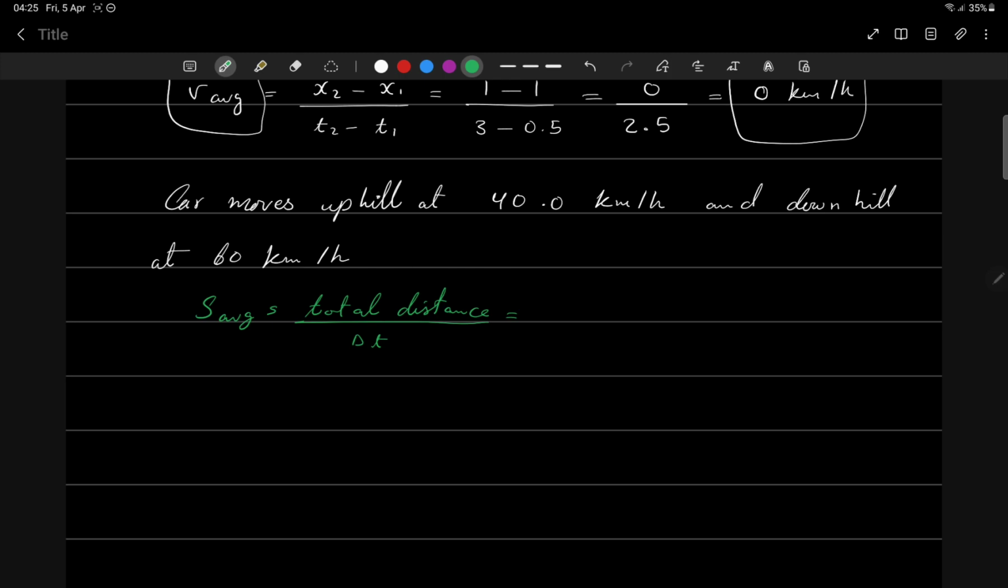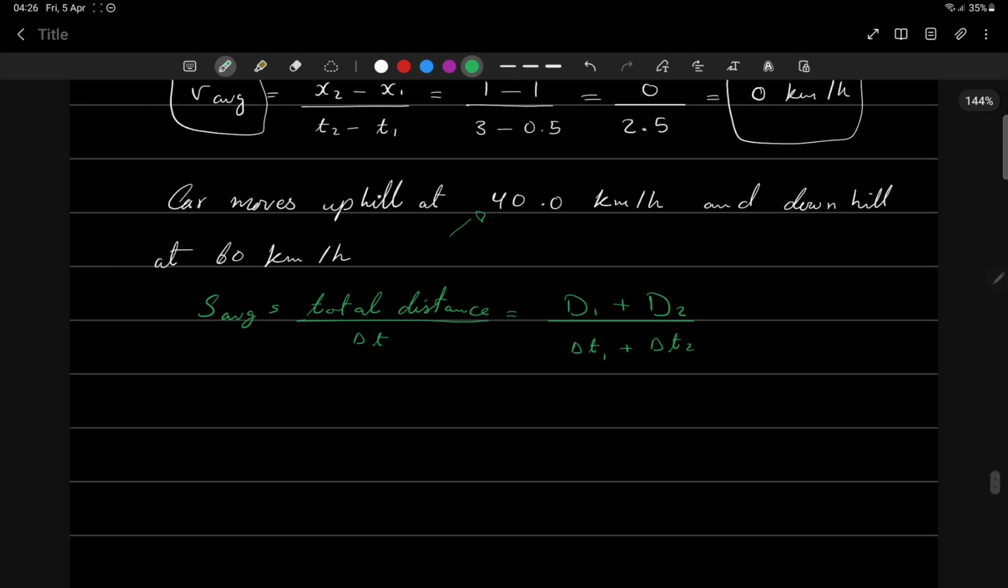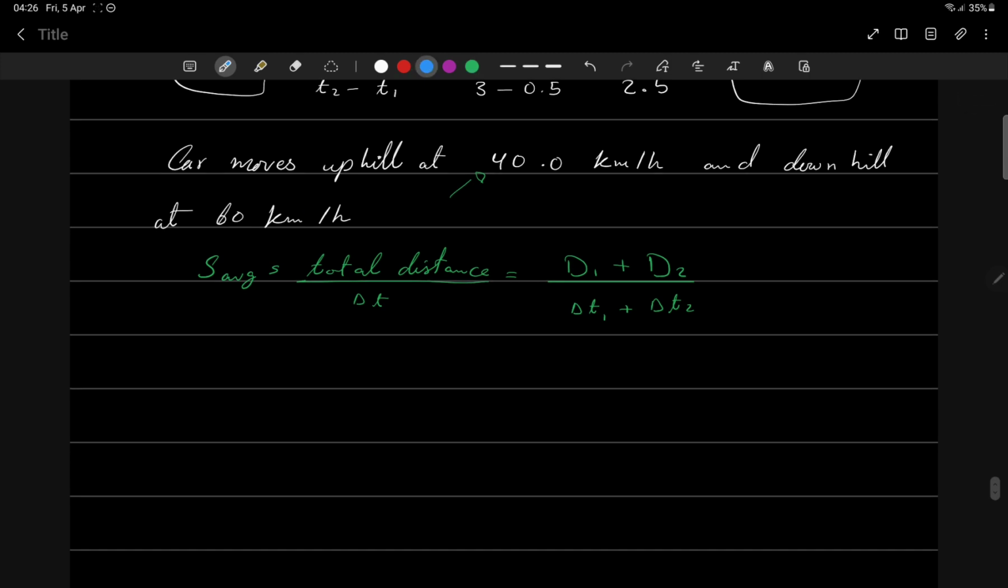The total distance for the whole trip is the distance that the car traveled when going uphill plus the distance that the car traveled when it was going downhill, divided by the total time, which is also going to be delta t1 plus delta t2. And in both cases the car moved the same distance, so distance 1 equals distance 2. So for both of them, we can just say D.